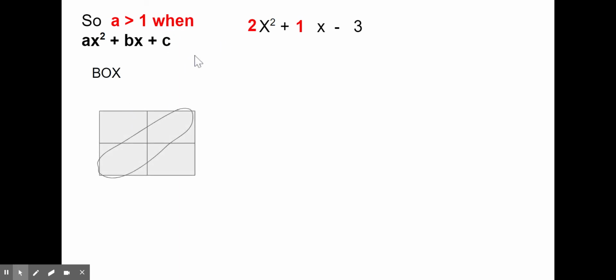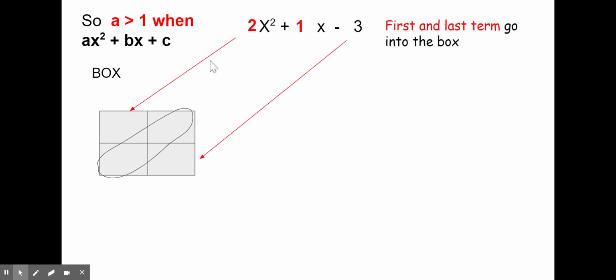If you remember, when I multiplied out my two binomials, when I multiplied my first terms, that number went in the upper left-hand box. When I multiplied my last terms, that number went in the lower right-hand box. So I'm going to arrange those in the box right now. 2x squared and negative 3. Upper left, lower right.